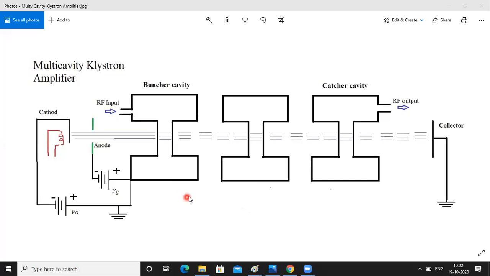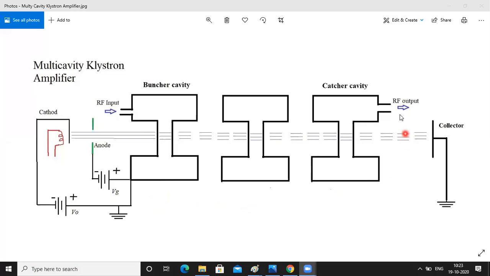The fundamental principle we know is that the gain-bandwidth product remains constant. This is the trade-off: when you increase the gain, the bandwidth reduces, and if you increase the bandwidth, it impacts the gain. This is the basic principle.